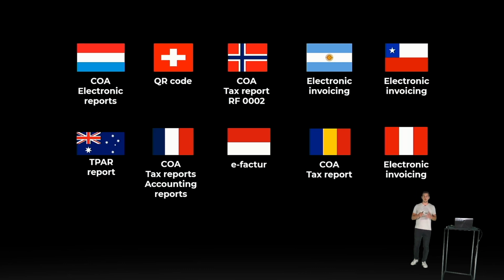For Argentina, Chile and Peru, we added electronic invoicing so that they can use it in their localization as well. For Australia, we added the TPAR report. For France, we added a completely new chart of accounts, a completely redesigned tax report, as well as an update of the accounting reports. And for Romania, we added the chart of accounts as well as some tax reports.